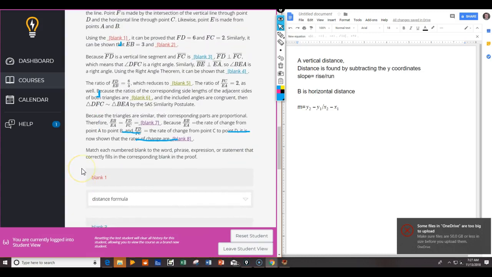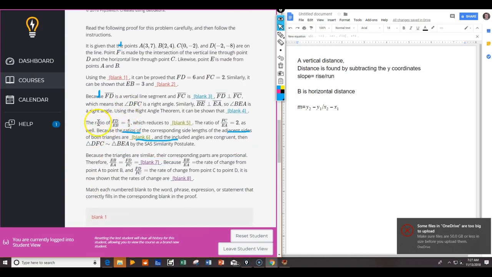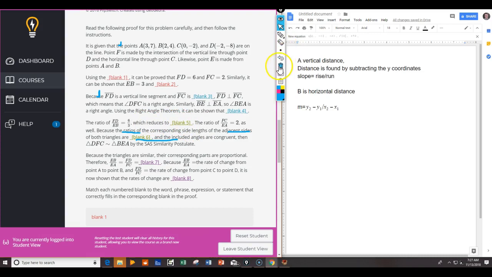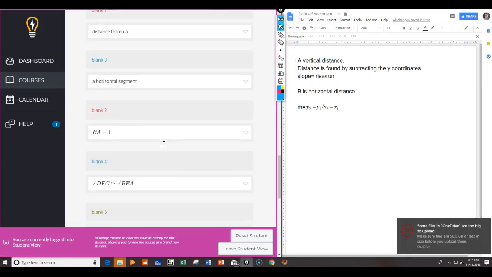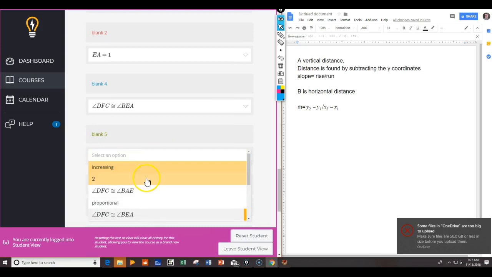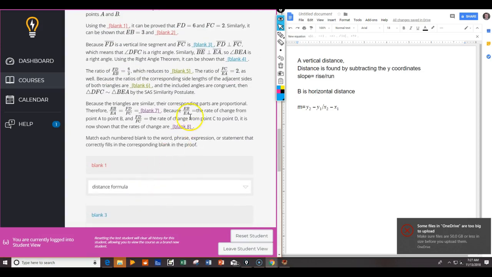Alright, so blank 5. The ratio of distance of FD divided by the distance of EB is equal to 6 divided by 3, which reduces down to 2. 6 divided by 3 is 2, so blank 5 is 2. The ratio of the distance of FC divided by the distance of EA is equal to 2, as well.